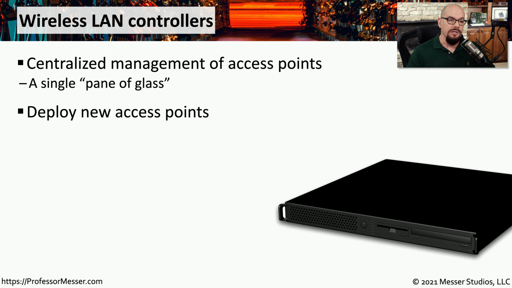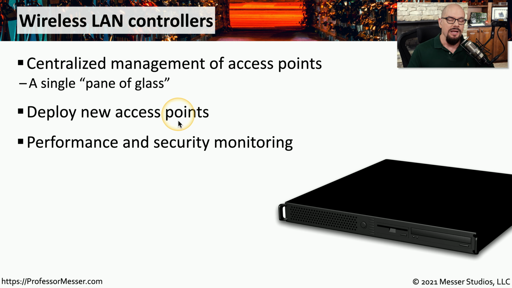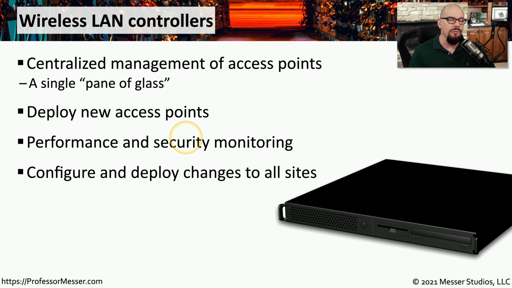Using our wireless LAN controller, we can then deploy new access points by simply sending out the configuration to that device. We can perform monitoring of the performance and the security of these wireless devices. We can make configuration changes and make those configuration changes apply to all of the access points across multiple locations.